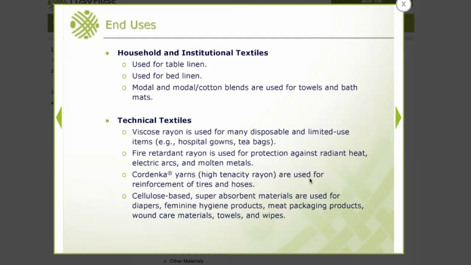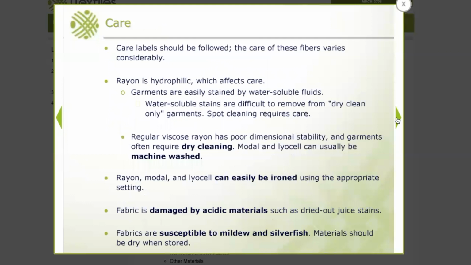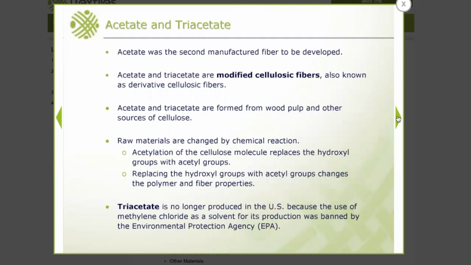This is used in tires, car tires, hoses, and then, you know, some super absorbent cellulose based versions of it are used in diapers, feminine products, meat packaging products, wound care materials, wipes, and so on. So we use these fibers a lot, but rayon is probably the most popular for women's clothing because of that excellent drape that it provides.